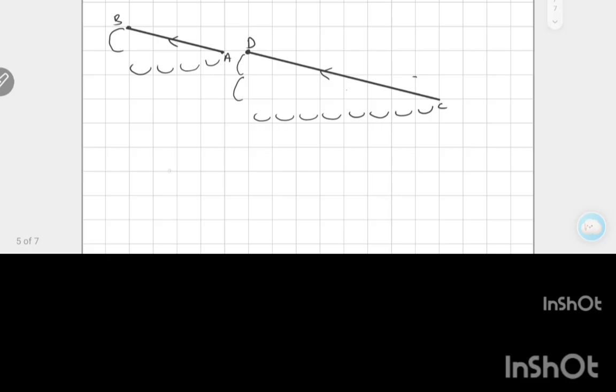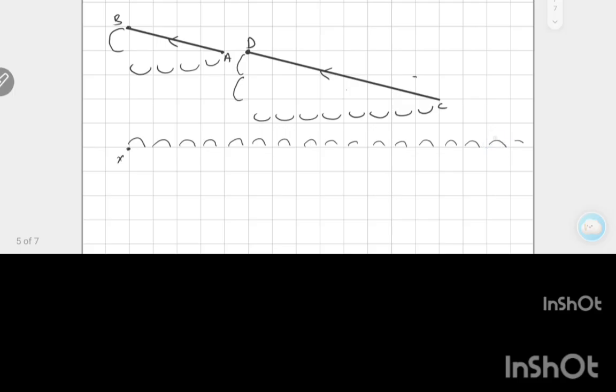If we start from here, this one is our 1, 2, 3, 4, 5, 6, 7, 8, 9, 10, 11, 12, 13, 14, 15, and 16.